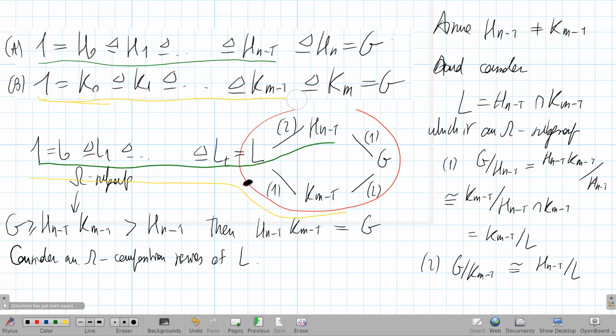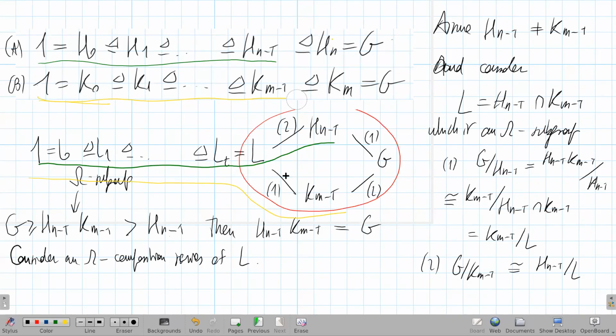But then you see, this shows that if you want now to go to G, you have the factor groups of this plus this factor, G over Hn minus 1, which are the same as this series plus the same factor.